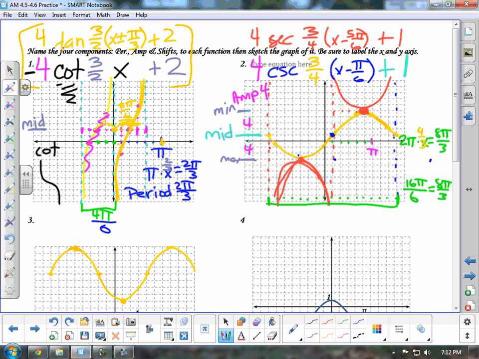Or if you wanted to use this as your starting point, then you would have a negative 4 there, and this would become x plus 1, 2, 3 to the left, which would be pi over 2.